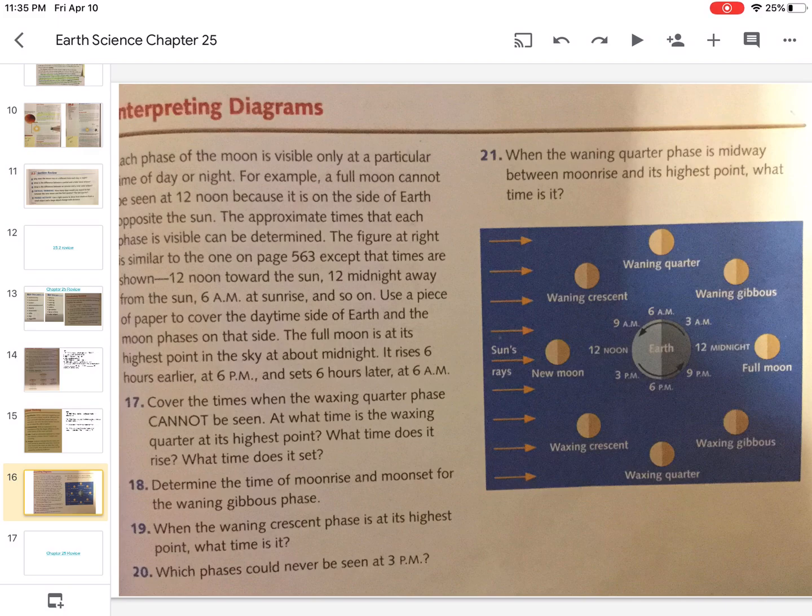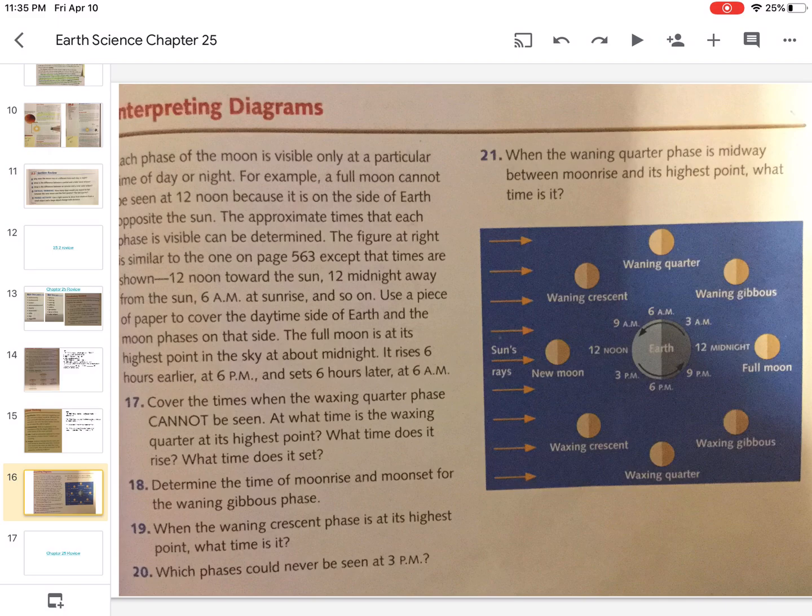I get a little confused which one is the setting and the rising, but it's kind of the opposite of what you would think. The rising is the nighttime, and the setting is the morning time.